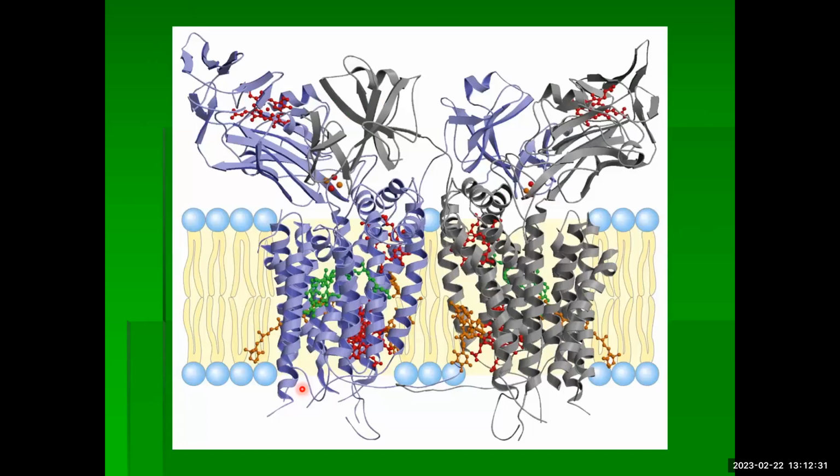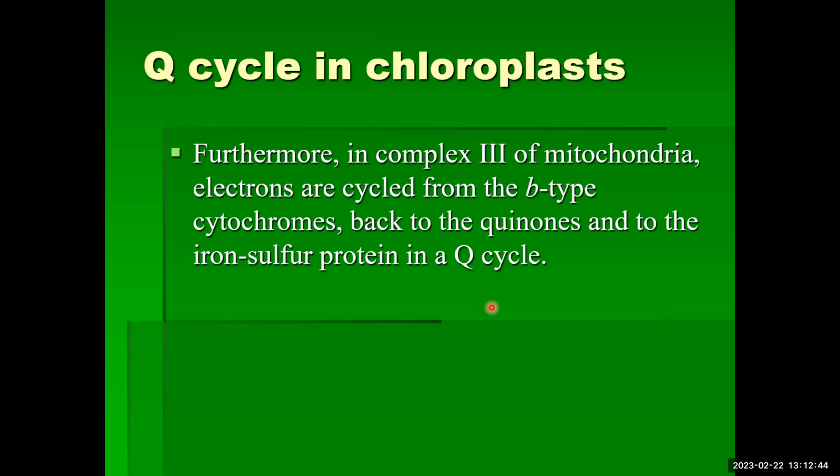Here's a crystal structure of that cytochrome b6f complex. And because the hemes take the electrons from the plastoquinone one at a time, those electrons get cycled back to the plastoquinones and then back to the hemes, and then the electrons go one at a time to plastocyanin.